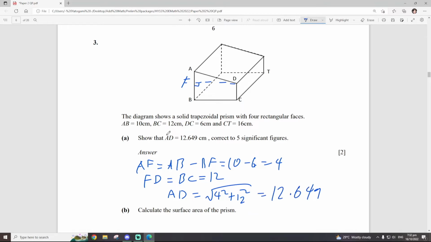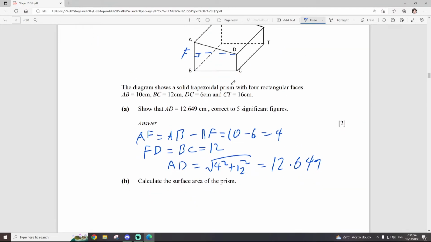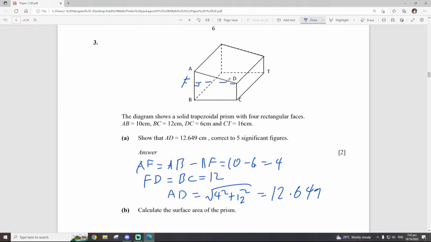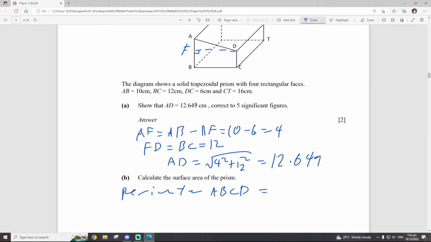Calculate the surface area. Okay, to do this, I will find the perimeter of ABCD. The perimeter of ABCD is 10 plus 12 plus 6 plus 12.649, and this is 40.649.